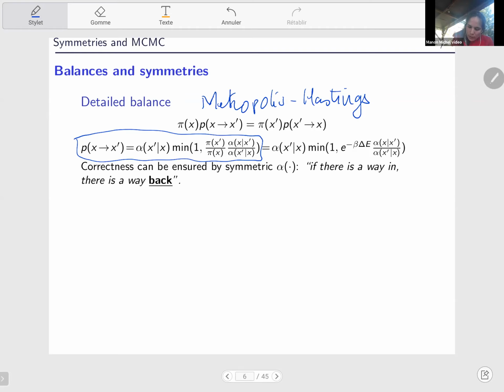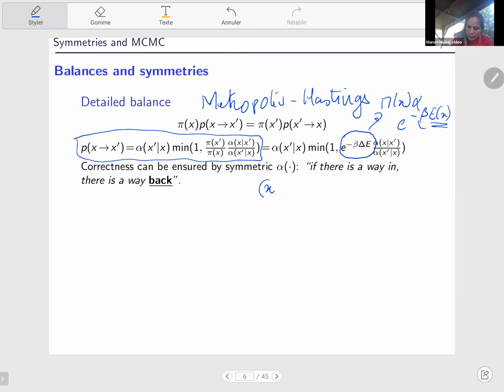Which in physics, because I will be going straight into that, is given according to the energy change between your two states, as your probability will be your Boltzmann distribution. And it will depend on the energy of your state, and then here on the temperature parameter. And this detailed balance can be understood as if there is a way in, there is a way back.